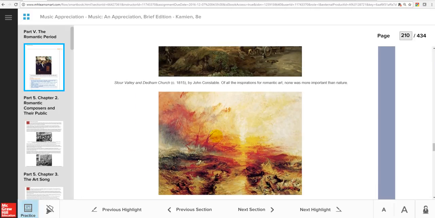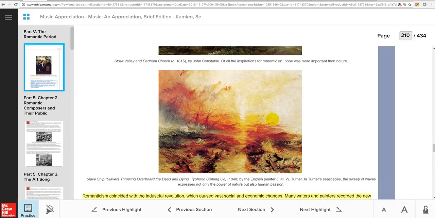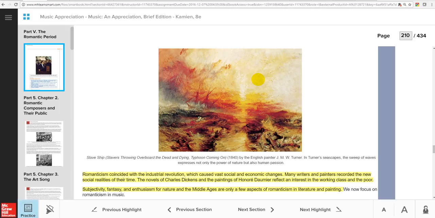And of course, he ends up using a lot of colors we don't associate with the sea. You end up having a lot of reds and oranges, instead of the traditional blues and greens, more soothing colors. So this brash use of very alarming colors, and notice the somewhat violent brushstrokes.